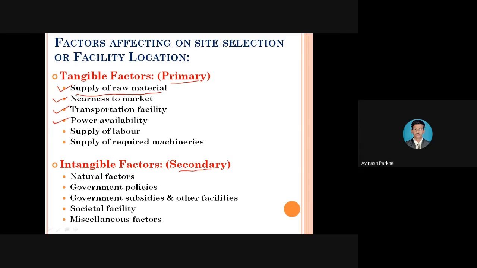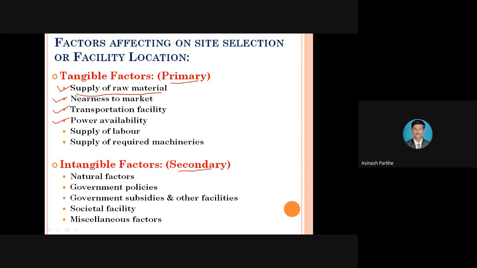Then power availability. Without power, without electricity supply, the industry will not start, because whenever we use different types of equipment and machines, the important thing to start that machine is power or electricity. If electricity is not available, it is not possible to start the machine or the equipment.